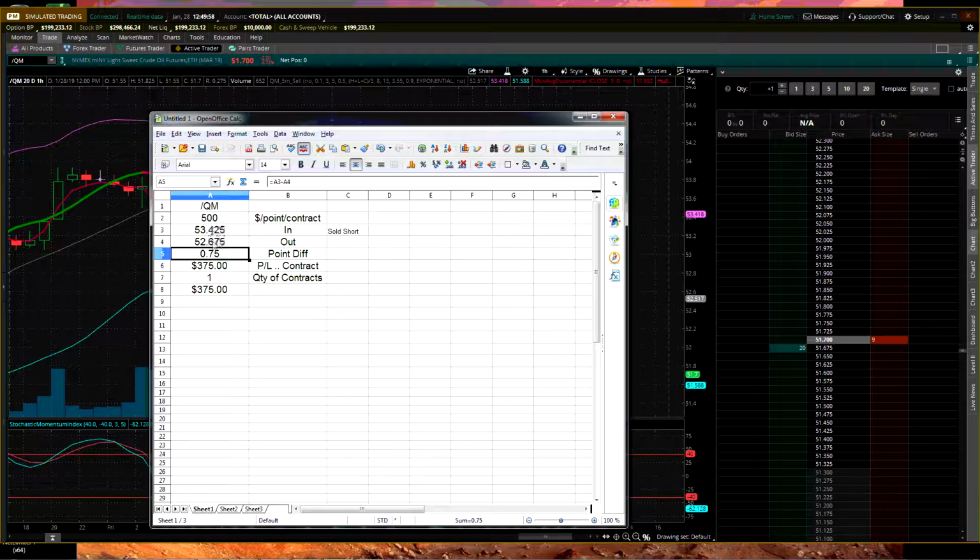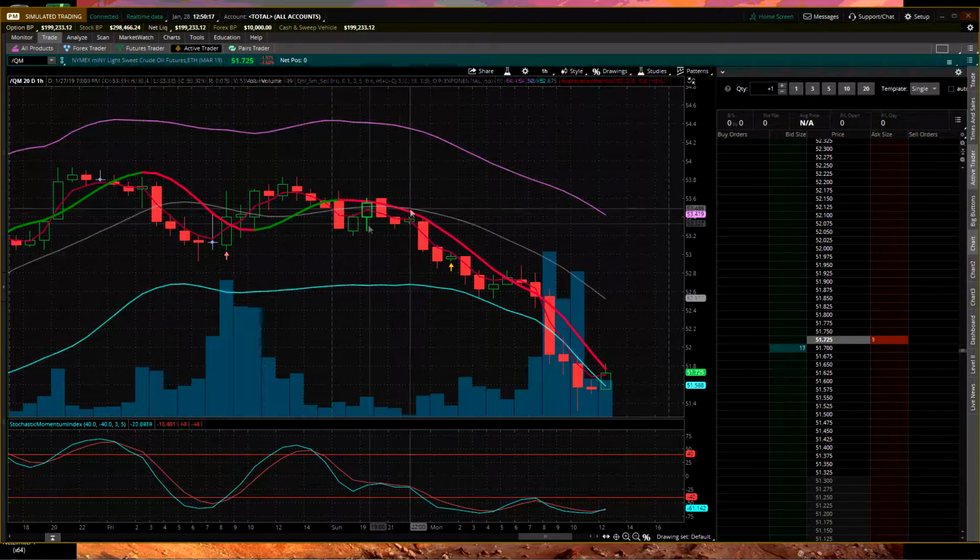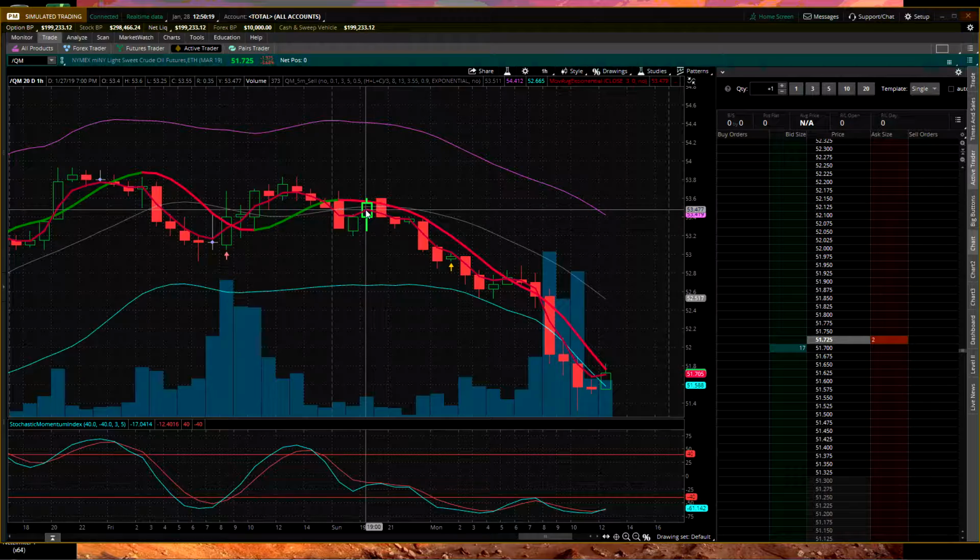So we subtract this one from that one, we get 0.75. That's almost a full point, right? If this was a 1, that'd be a full point, but it's not quite a full point. So now we multiply $500 by 0.75, and $375 was made for one contract. Okay? How long did it take to make that $375 on one contract?